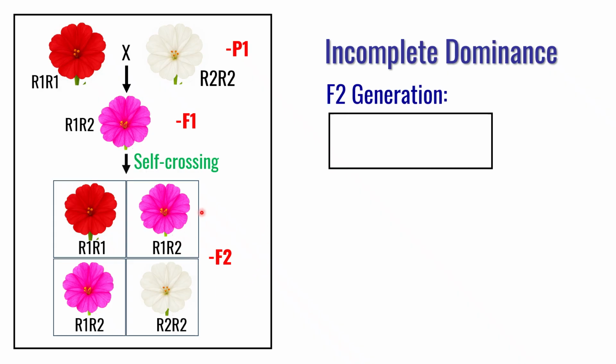So basically in F2 generation the phenotypic ratio is 1 is to 2 is to 1, whereas according to Mendelian principle the phenotypic ratio is 3 is to 1. One red, two pink and one white according to incomplete dominance. So there is a difference in the phenotypic ratio between Mendelian inheritance and incomplete dominance.